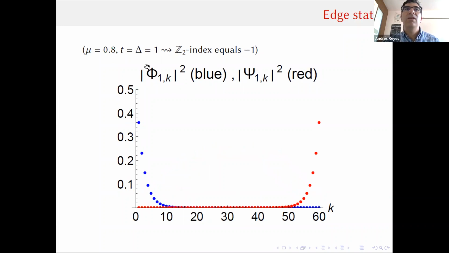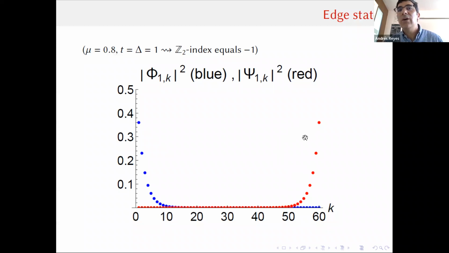But if I change the parameters a bit, you see here I am entering this shadowed region we were discussing before, then very quickly these states get localized toward the edges. So this is actually a suitable definition of edge states in terms of those correlation functions.